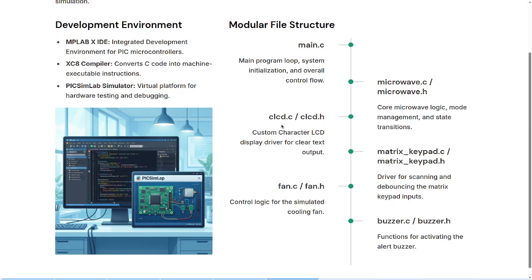Then we have matrix_keypad.c and matrix_keypad.h, which is a driver for scanning and debouncing the matrix keypad inputs. Basically, there are push buttons in the matrix keypad. We also have the logic for the fan as fan.c and fan.h, and the logic functions for the buzzer, buzzer.c and buzzer.h.